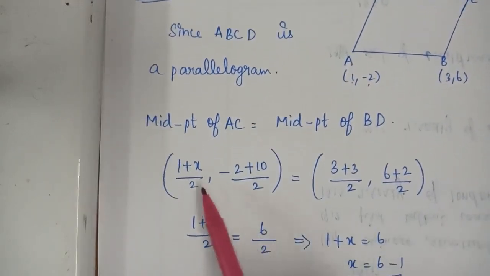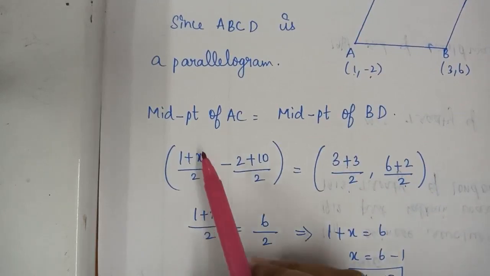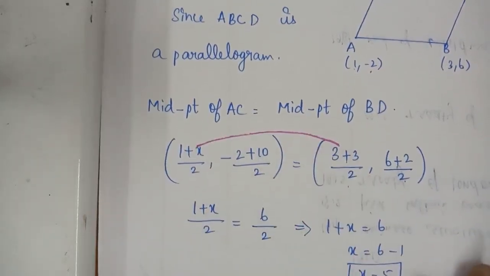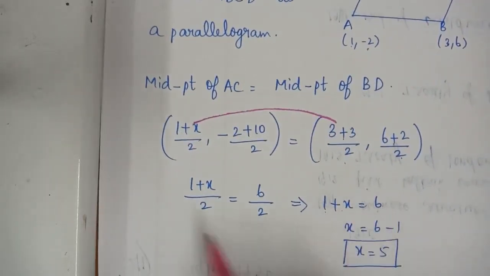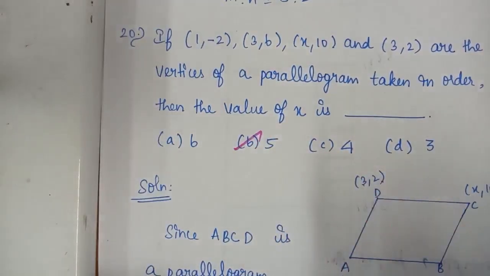So (1 plus x) by 2 is equal to 6 by 2. We just equate only the x coordinate. So 1 plus x is equal to 6 because 2 gets cancelled. So x is equal to 6 minus 1. The value of x is 5. So the correct option is option B, 5.